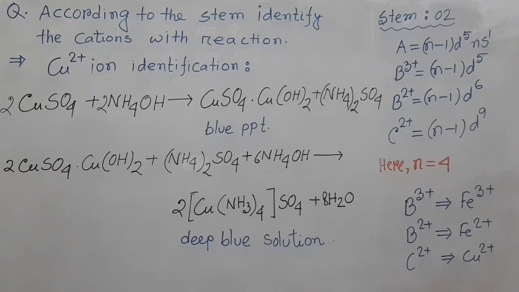If we add ammonium hydroxide solution to copper 2 plus ion solution, first of all a pale blue precipitate of alkaline copper salt is formed, which dissolves in excess ammonium hydroxide solution to form a deep blue solution of tetraammine cupric salt.